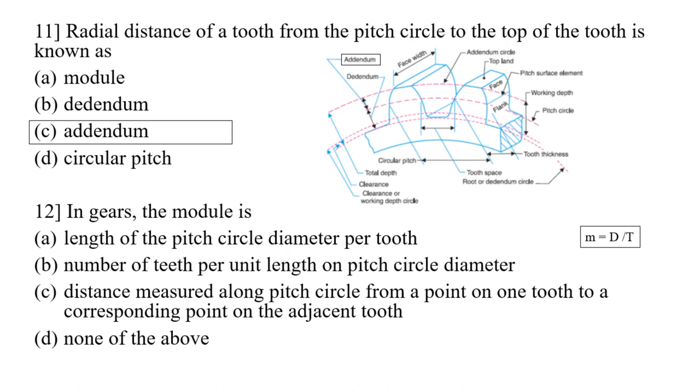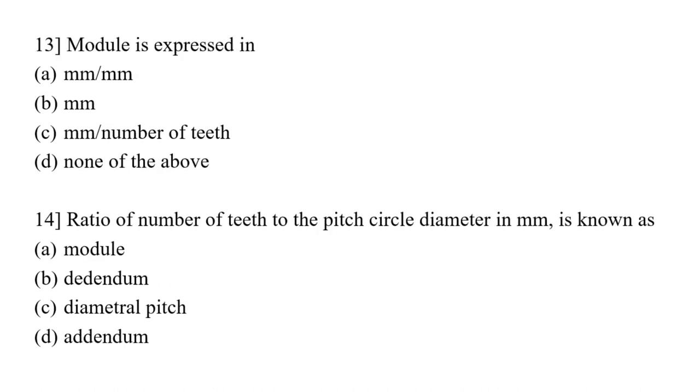Option A is length of pitch circle diameter per tooth; the others are number of teeth per unit length on pitch circle diameter, distance measured along the pitch circle from a point on one tooth to the corresponding point on the adjacent tooth, and none of the above. So the correct option will be A, that is d by t, the length of pitch circle diameter per tooth.